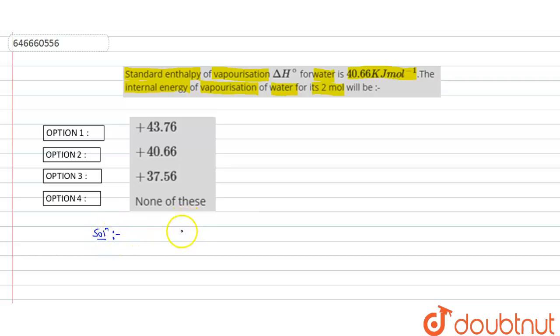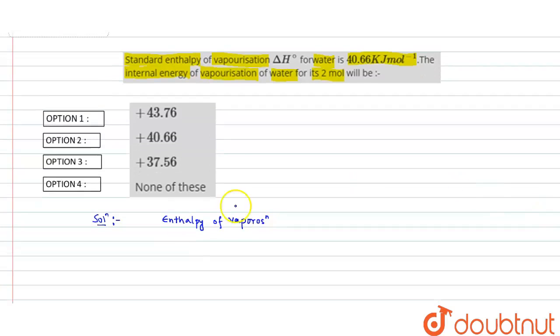Vaporization means that water is getting converted from its liquid state to its vapor, or gaseous, state.